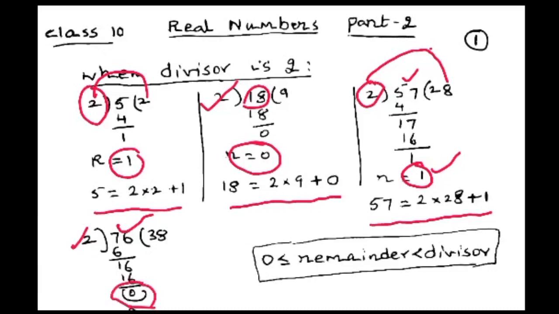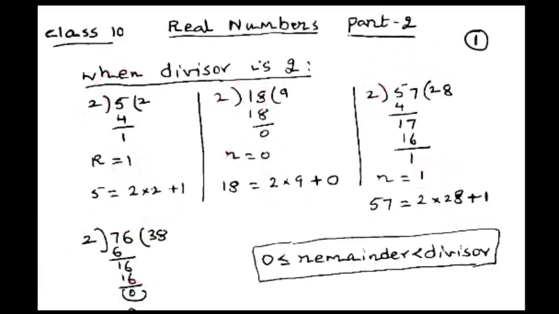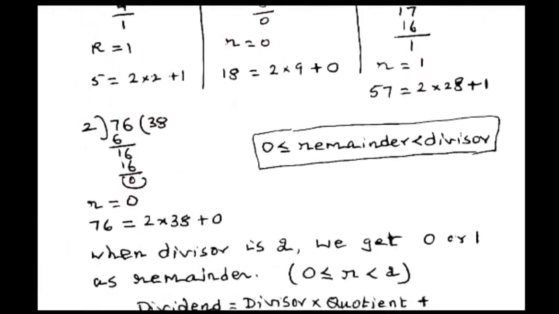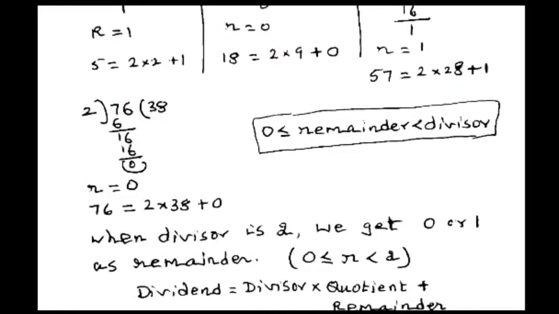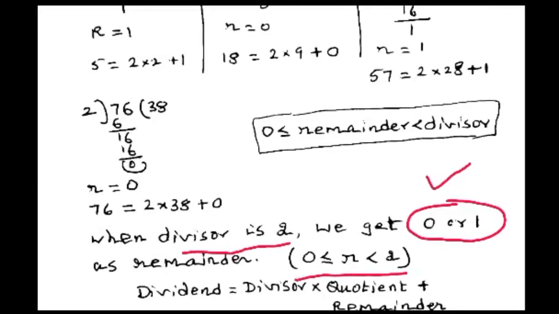So what is our observation? Our observation is that when 2 is the divisor, then we get 0 or 1 as the remainder. This can be written as 0 less than or equal to remainder less than 2. 0 or 1 are the remainders when the divisor is 2.